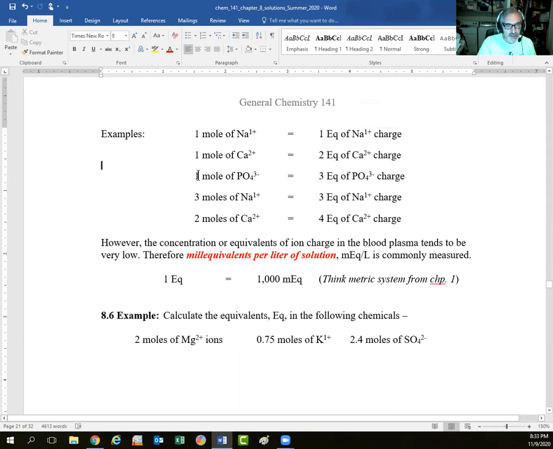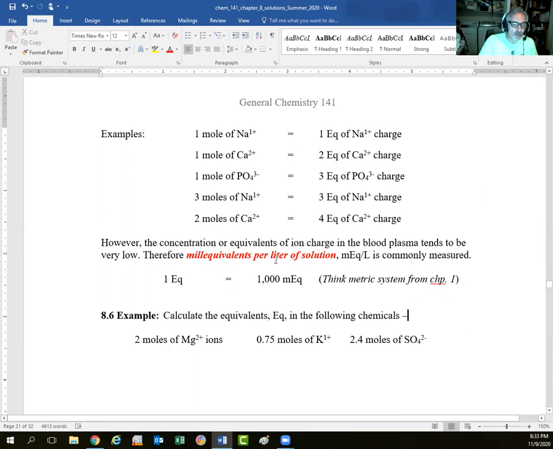Phosphate ions, 1 mole times that 3-, giving us 3 equivalents. Or 3 moles of sodium ions, 3 times the 1+, so 3 equivalents. And 2 moles of calcium ions, 2 times the 2+, giving us 4 equivalents. It doesn't have a positive or negative assignment to it. It's just a raw number.